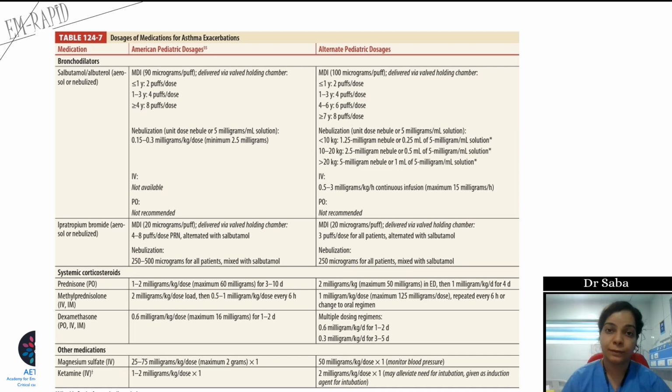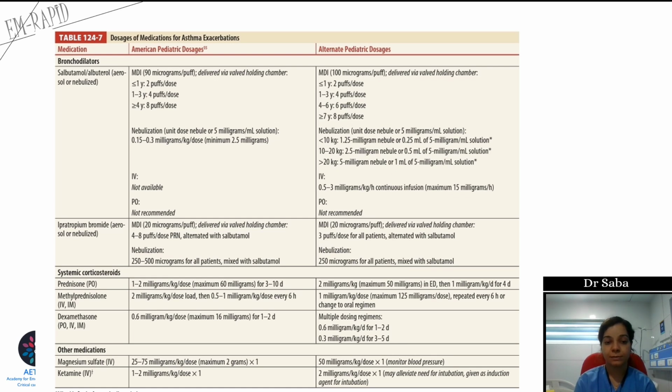Now let's just say if the patient has landed himself in severe or life-threatening asthma, near fatal asthma, and we are planning on intubating this patient. In that case, the induction agent of choice for intubation will be ketamine. Why ketamine? Because it has an added effect of bronchodilation. That will be given in the dosage of 1 to 2 milligram per kg per dose.